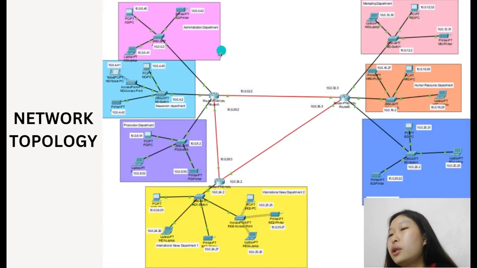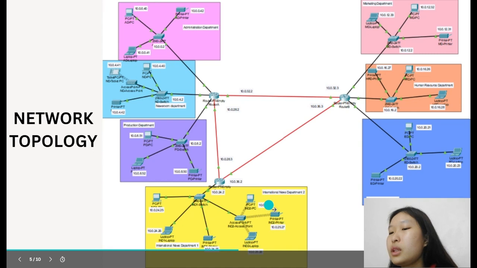And this is our network topology. We have 8 departments: the administration department, newsroom department, production department, marketing department, human resource department, engineering department, and 2 separate international news departments.